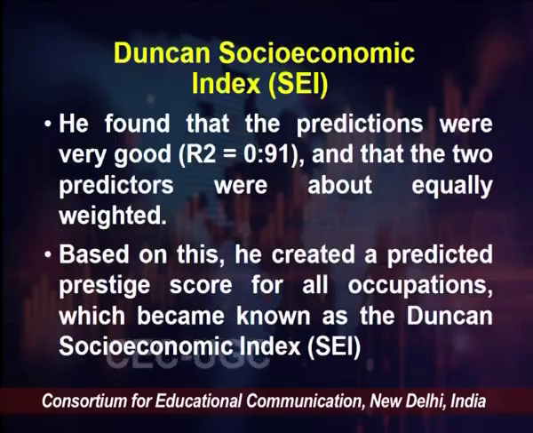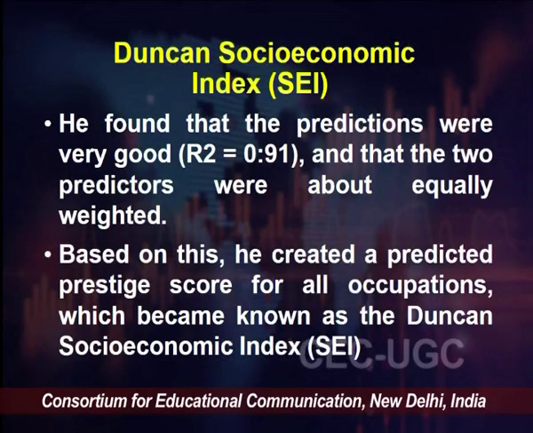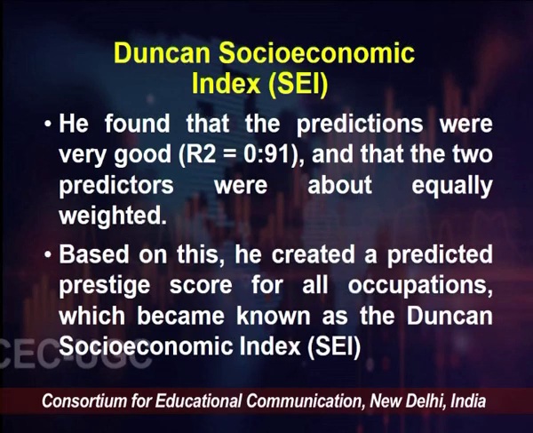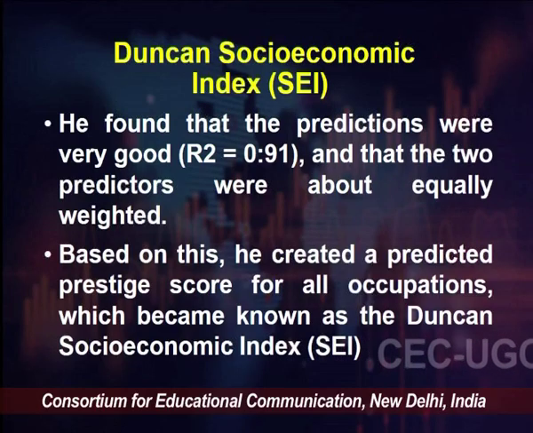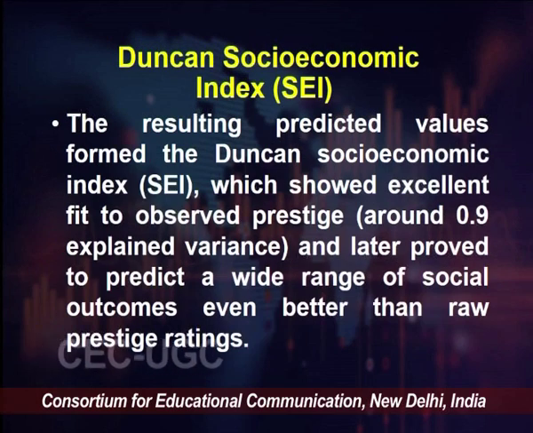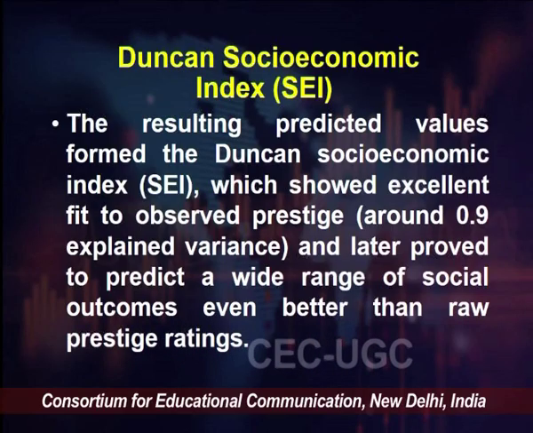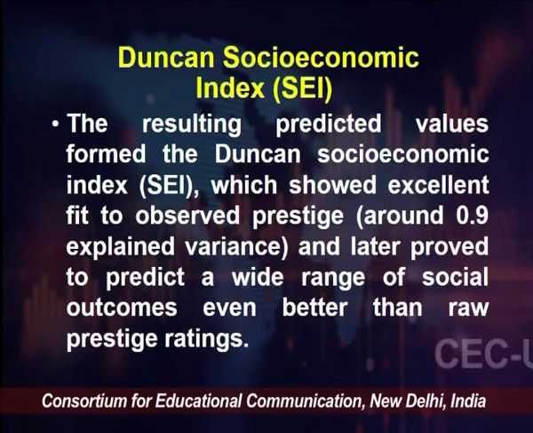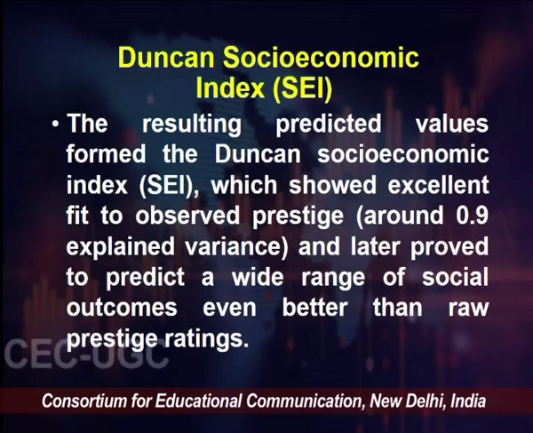He found that the predictions were very good, R2 equal to 0.91, and that the two predictors were about equally weighted. Based on this, he created a predicted prestige score for all occupations, which became known as the Duncan Socioeconomic Index. It showed excellent fit to observed prestige, around 0.9 explained variance, and later proved to predict a wide range of social outcomes even better than the raw prestige index.